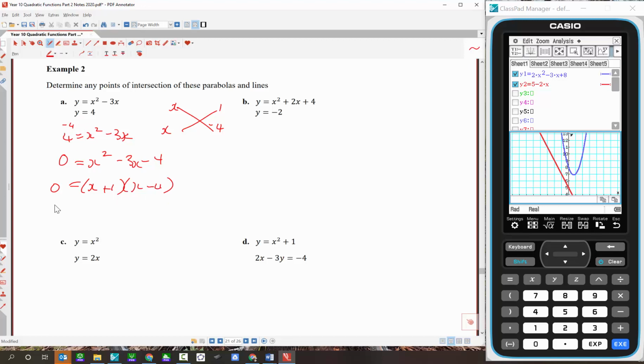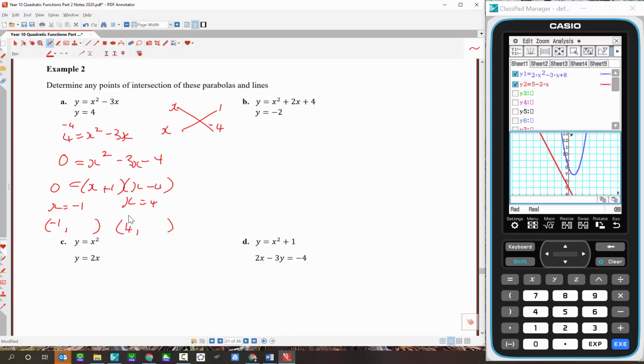All right, so what are the solutions? x is equal to negative 1, and x is equal to 4. All right, so we're going to list them as an ordered pair or coordinates. So our x value for each of them is going to be negative 1 and 4. What's the y value going to be?